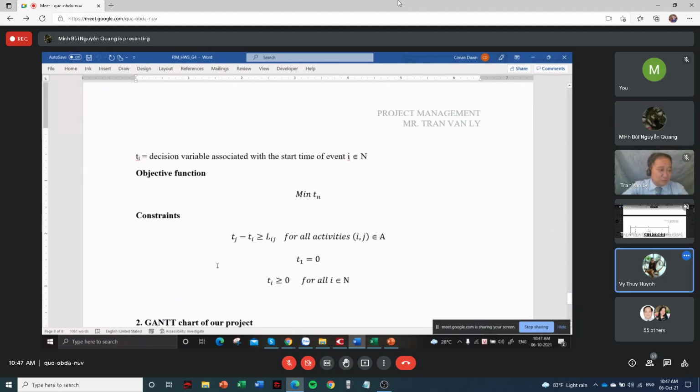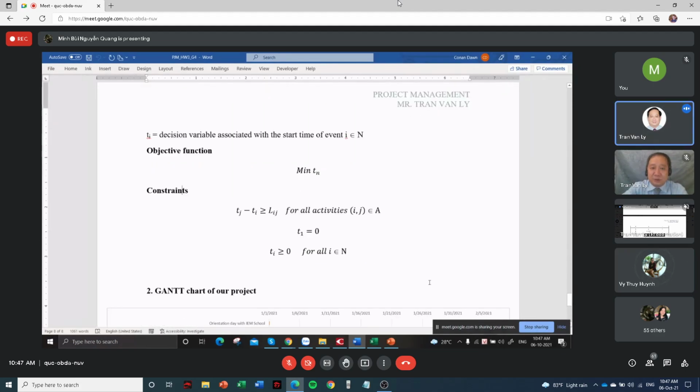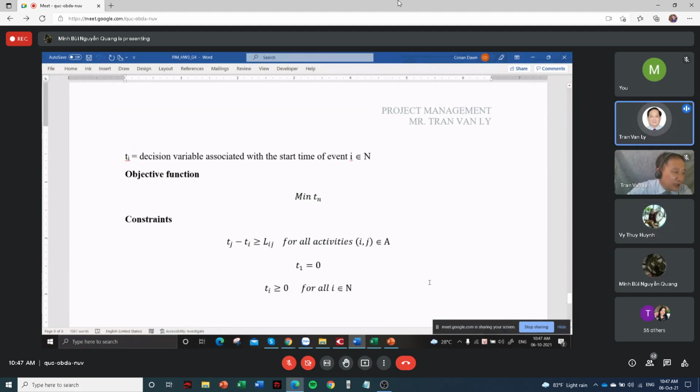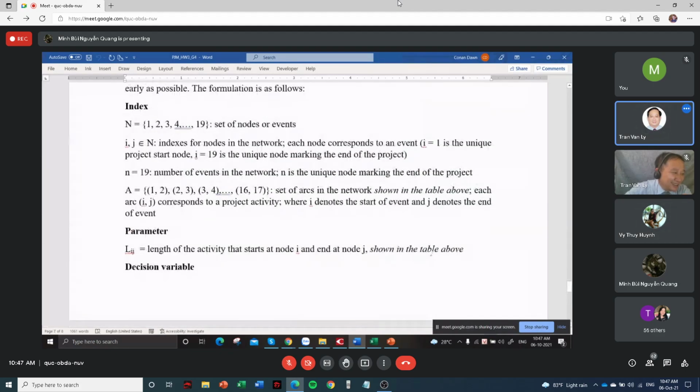You see, first the objective function. Then they add the constraints, and before that they have the index, parameter, and variable.